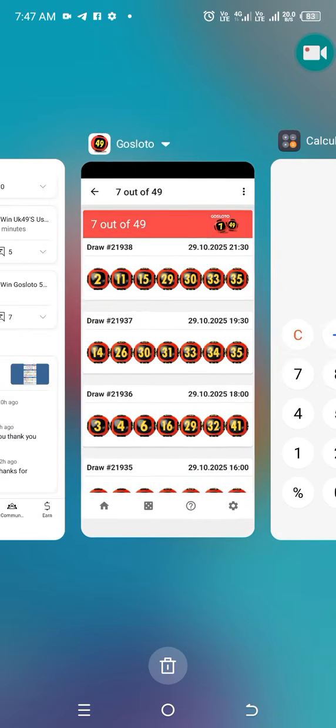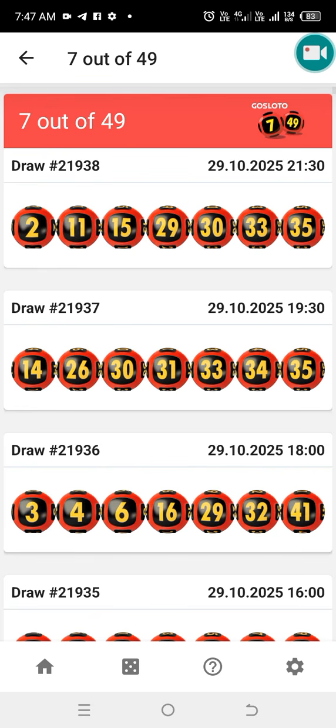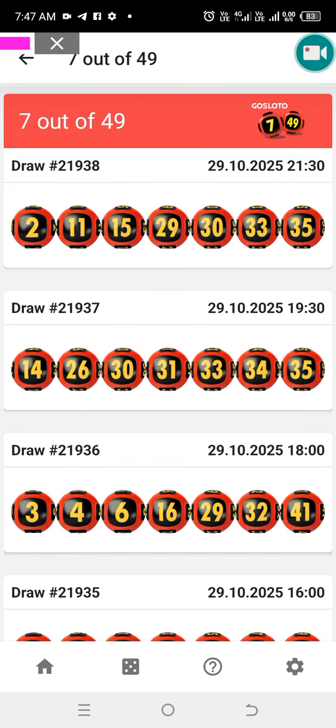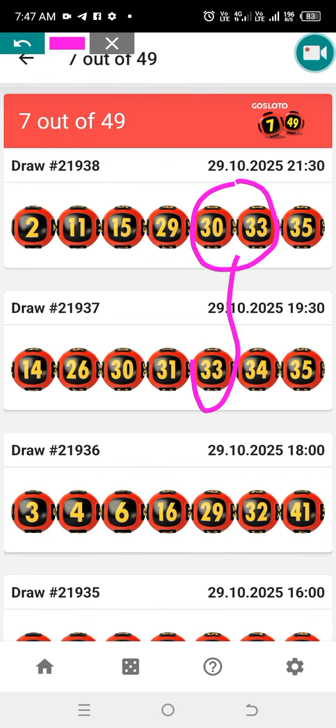Now we have... I want to see if you use the numbers movement or the number sense, you can see that we have 30, 33 twice.